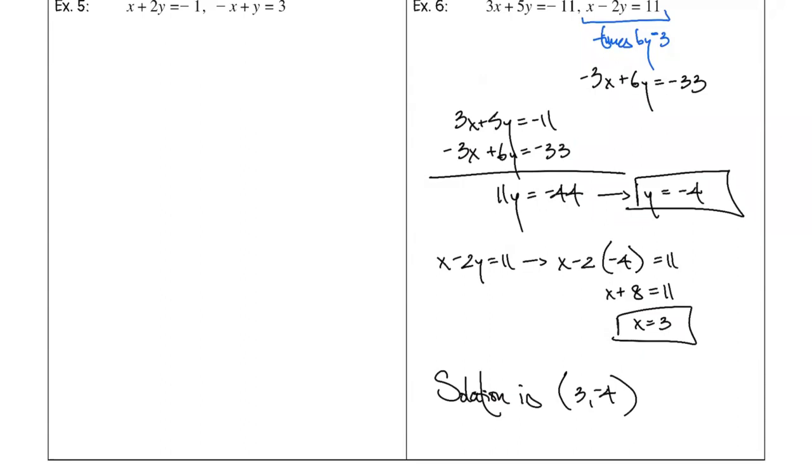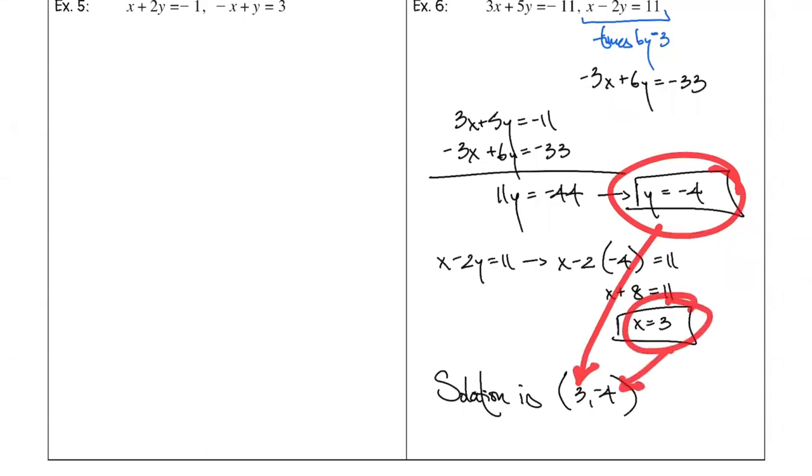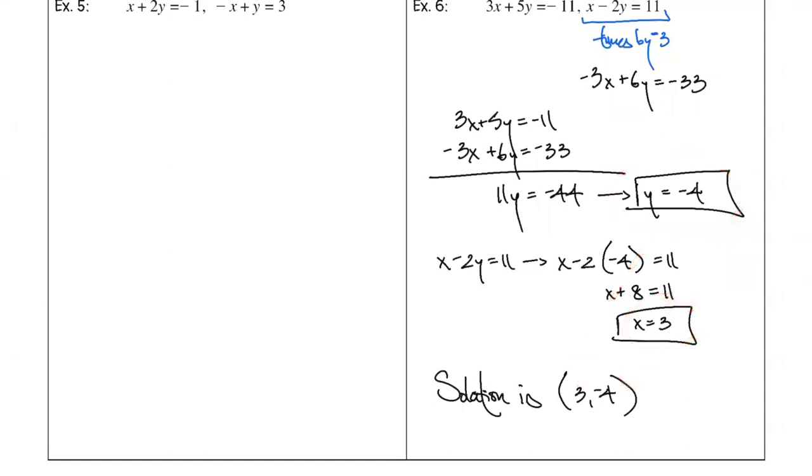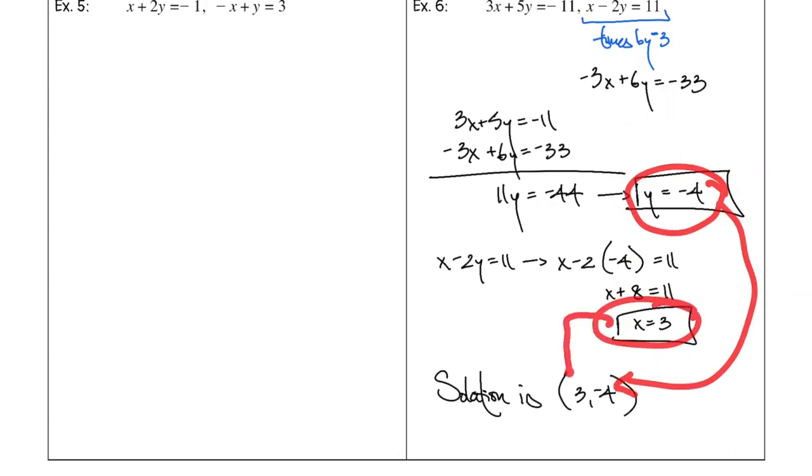Because -4 is the y value. Yeah. And the only reason I ask that is sometimes when we're in a rush, the first one we found, we put in the first spot, and the second one we found, we put in the second spot, right? But if we take a moment to think about what our numbers mean, we found y, so that goes in the y spot, and then we found x, so that goes in the x spot. Okay.